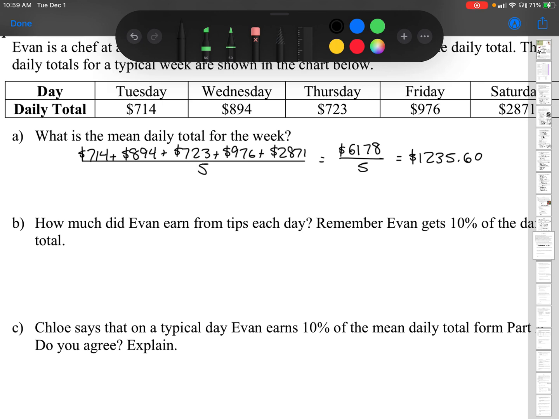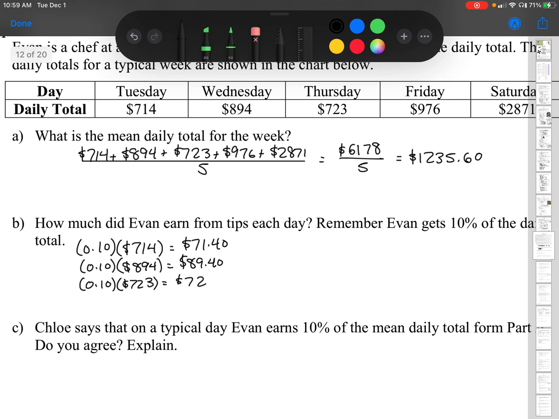Okay, so then we want to figure out how much Evan earned from tips each day. Okay, notice it's each day. Remember, he gets 10%, so all you have to do is take that 0.10 and multiply by 714, which would give you $71.40. 0.10 times 894 is $89.40. 0.10 times 723 is $72.30. 0.10 times 976 is $97.60, and 0.10 times 2,871 is $287.10, like so.